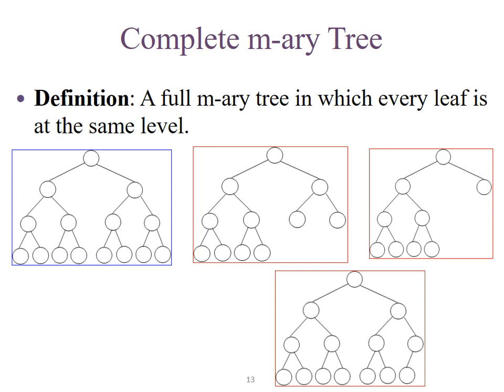And lastly, let's see this one. All of these leaf nodes are at the same level, level 3. But you can see for these nodes, it has only 1 child. So at least it is not a full binary tree. So if it is not a full binary tree, then it is not a complete binary tree.